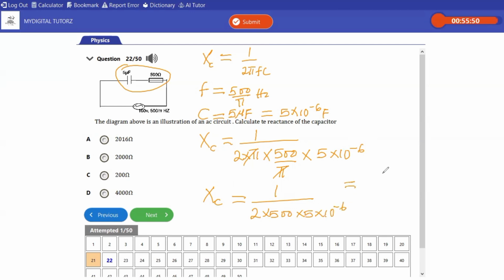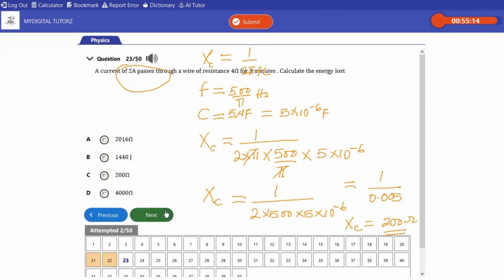When you multiply everything together, that should give us 0.005. Therefore, XC will be equal to 1 divided by 0.005. That should give us 200 ohms. The reactance of the capacitor is in ohms, so that is 200. So the correct answer here is option C.